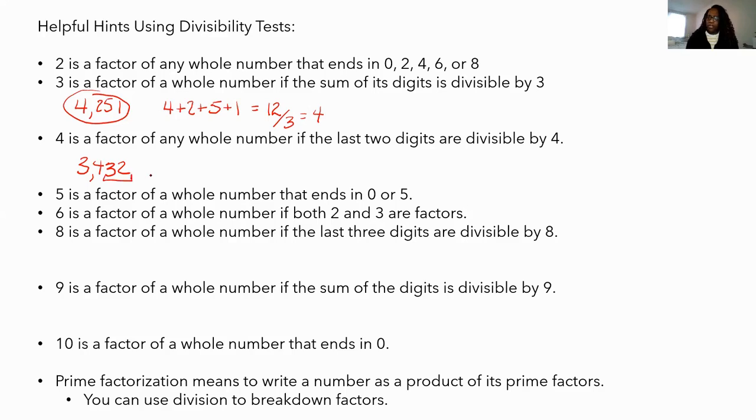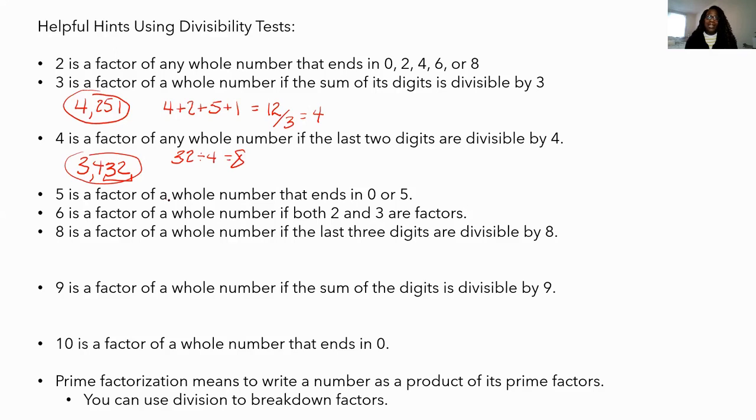Is 32 divisible by 4? AKA, can I take 32 and divide it by 4 to get a whole number for an answer? Yes, I can. And hopefully, you guys are saying 8. So if it is possible, that means this number is divisible by 4.